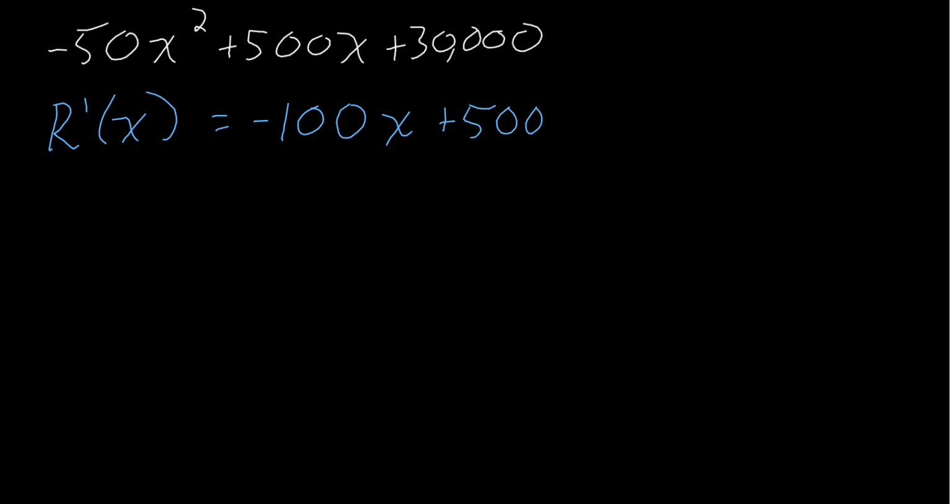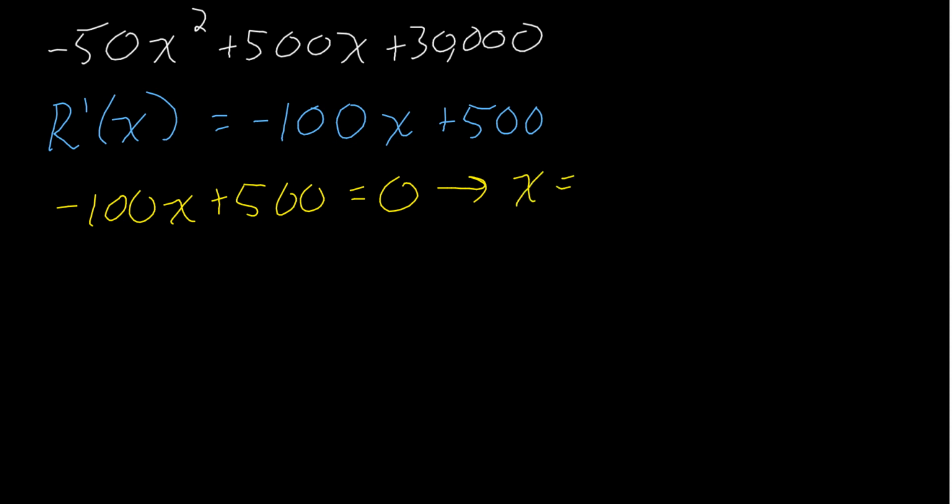And then we're going to equate this to 0. So negative 100x plus 500 is equal to 0. This makes it pretty easy. This means that x is equal to a positive 5. So this is the only critical value.